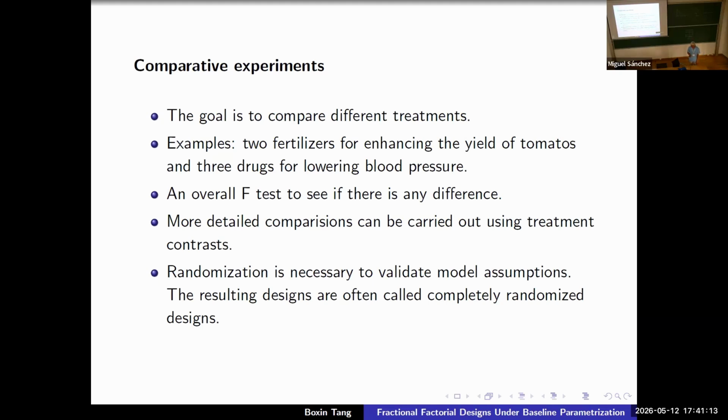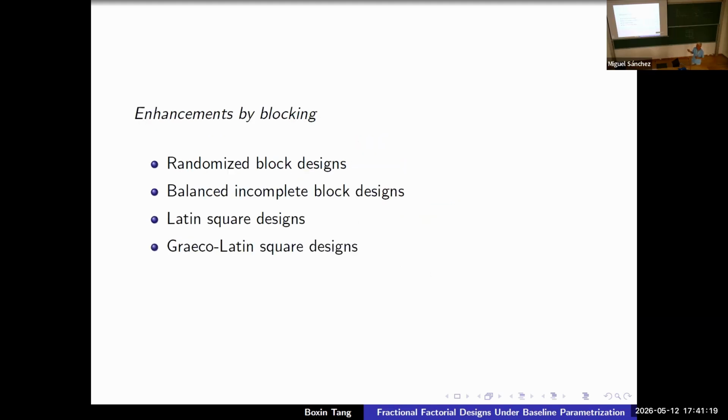So one idea to deal with the difference in the experimental units is to use this idea of blocking. The blocking idea is such that, when the knowledge is available, we divide the experimental units into groups. The groups are called blocks, such that the units within each block are relatively homogeneous.